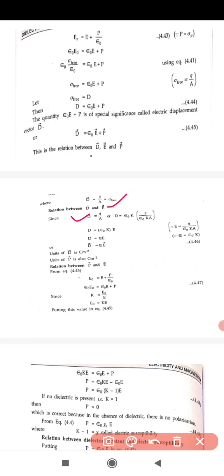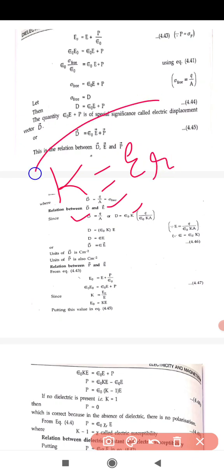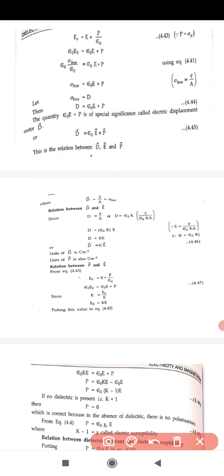D is equal to Q divided by A. We can multiply and divide by epsilon naught into K, where K is the dielectric constant or relative permittivity epsilon R. The electric field intensity is E equal to Q divided by epsilon naught K A. Therefore, epsilon is equal to epsilon naught into K, the dielectric constant.